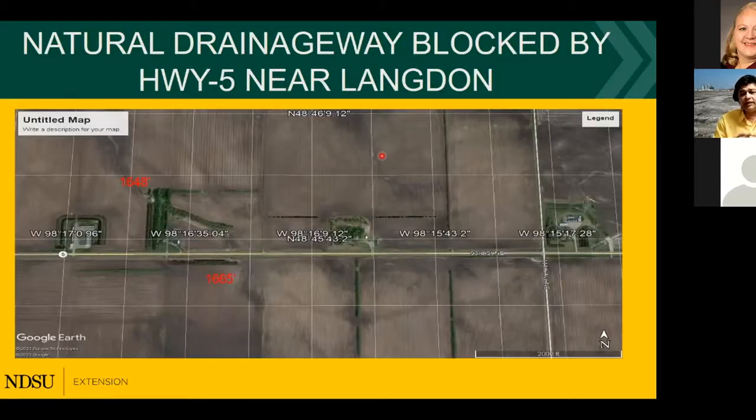When we think about managing these issues, we should think about landscape. We should always focus on that. And I think we are lucky to have a tool like Google Earth. It gives the land elevation. What I did, I just went to Google Earth, took this picture, and if you hover your cursor over it, it gave me the elevation here to there, so I could see where the water naturally could go.